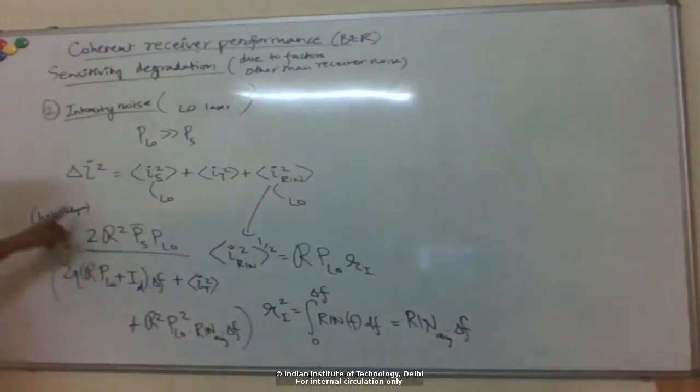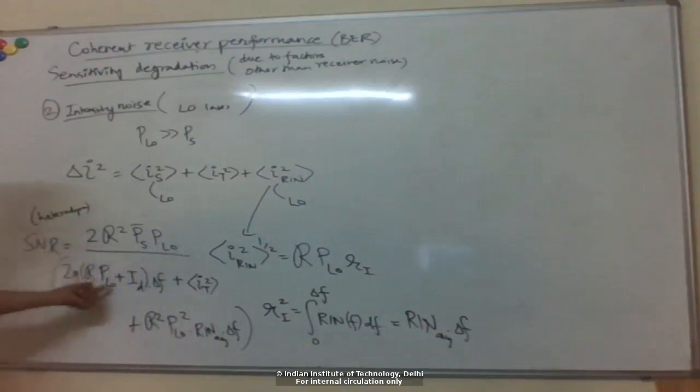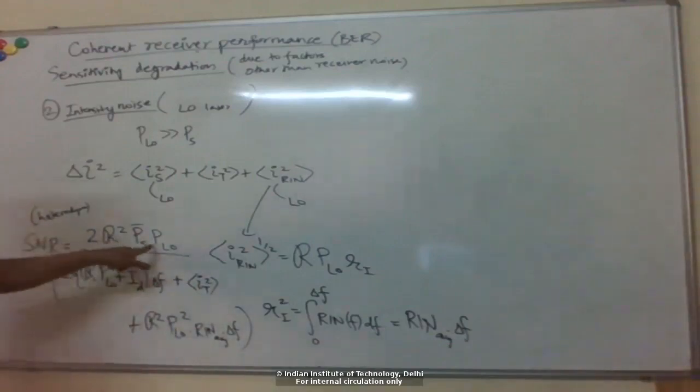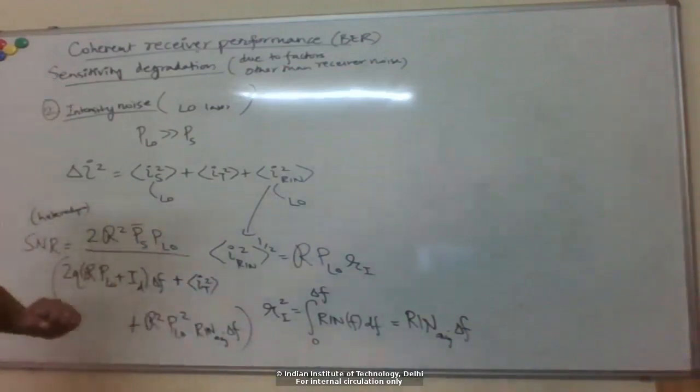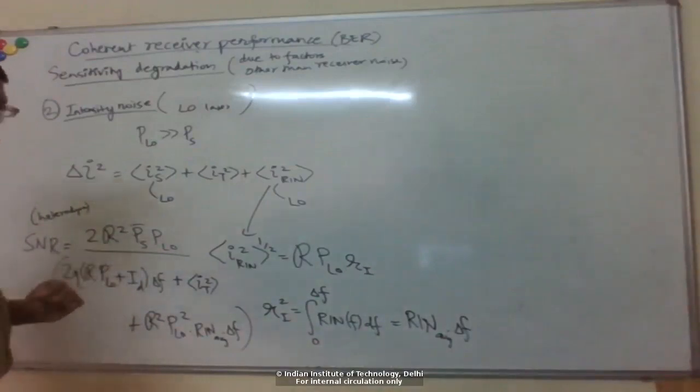So I can write the SNR like this in terms of the local oscillator power, right? So this SNR is now a function of the local oscillator power. It's coming in the numerator and the denominator. So as I vary the local oscillator power, the SNR will change in a non-trivial manner.